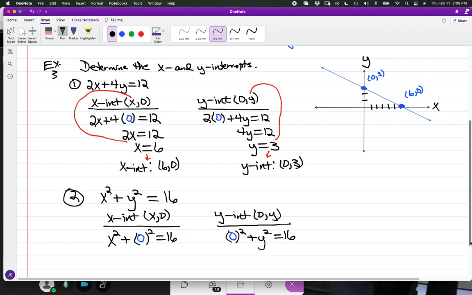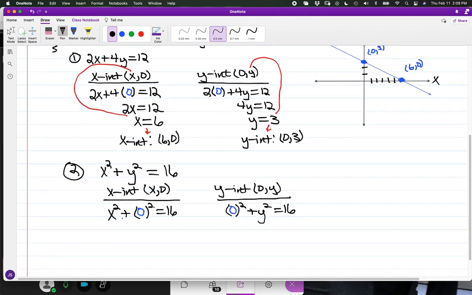So in the setup for the x-intercept part, I have x squared is equal to 16. And again, if I look at the use of the square root property of equality.